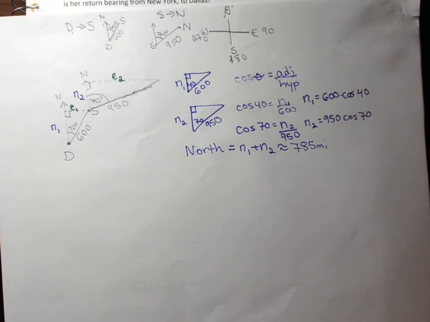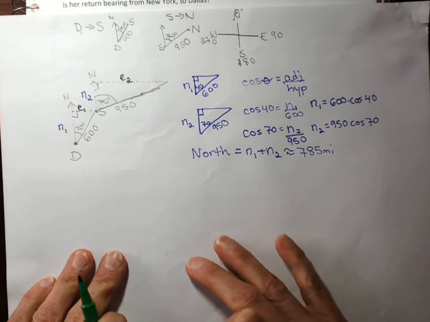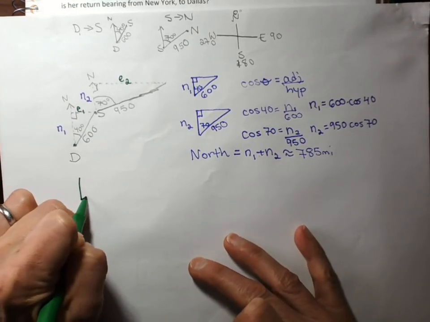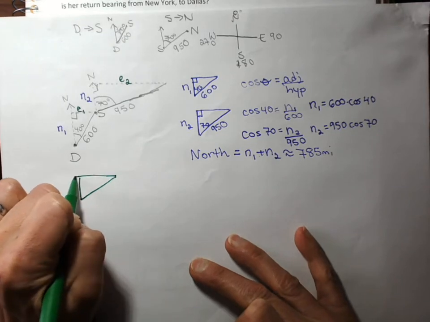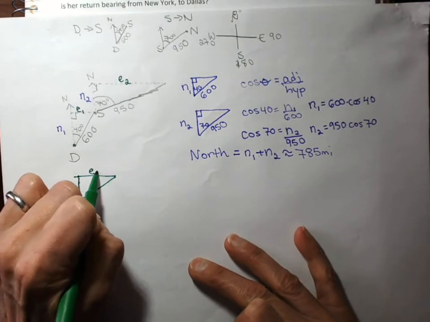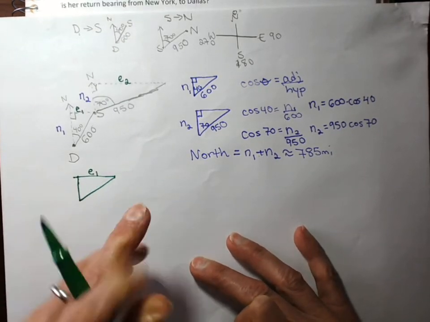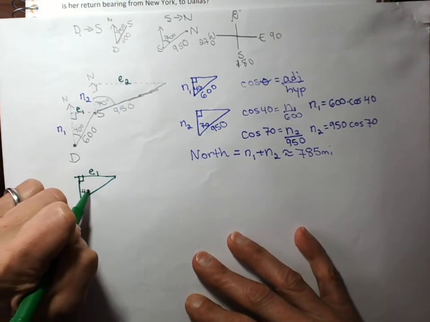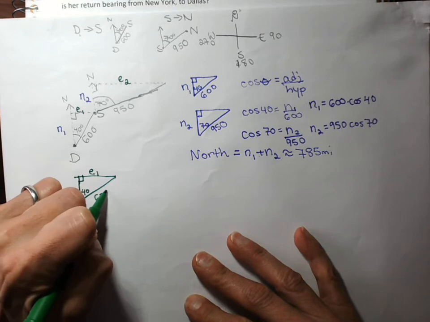So now focusing on the east distance, we have two triangles again, but I'm going to label them slightly differently. Here's the first one that we're trying to solve for that east distance. So our right angle, 40 degrees, and this is 600 miles.